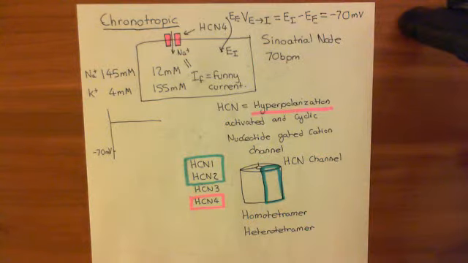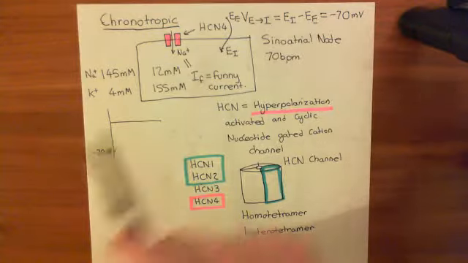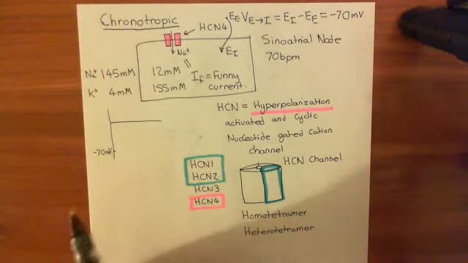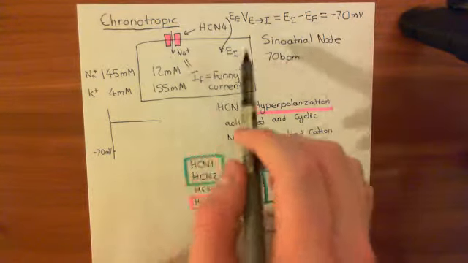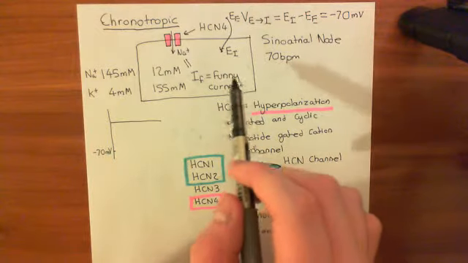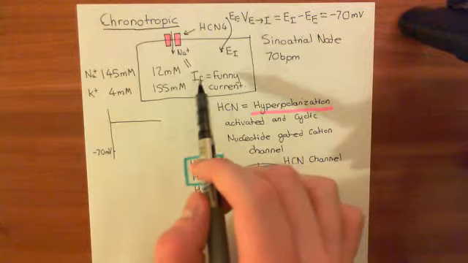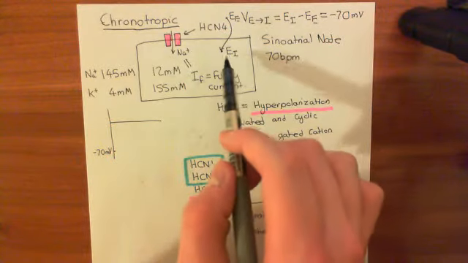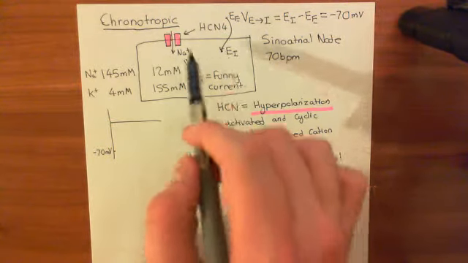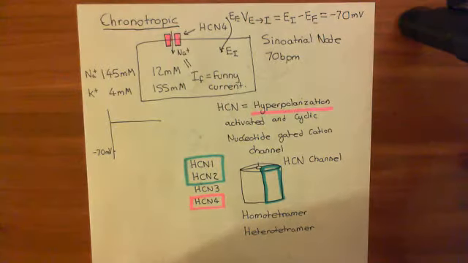Now, when this happens, you're going to bring in positive charge and remove it from the extracellular compartment. Bringing positive charge into the intracellular compartment is going to raise its electrical potential, and it's going to reduce the electrical potential of the extracellular compartment.